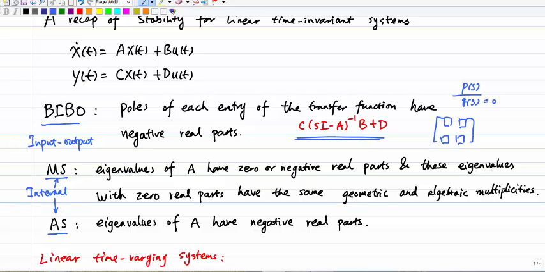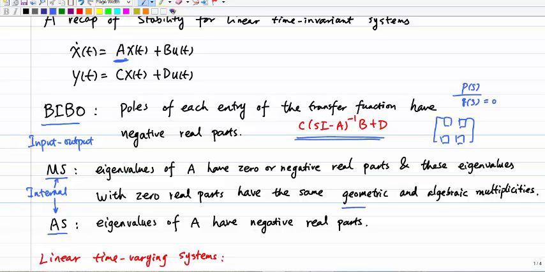The way we check if the linear time invariant system is marginally stable or asymptotically stable is to evaluate the eigenvalues of the matrix A. If the eigenvalues of A have 0 or negative real parts, and those eigenvalues with 0 real parts have the same geometric and algebraic multiplicity, then the system is marginally stable.